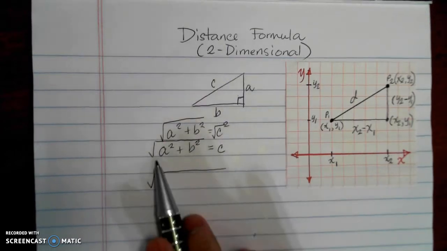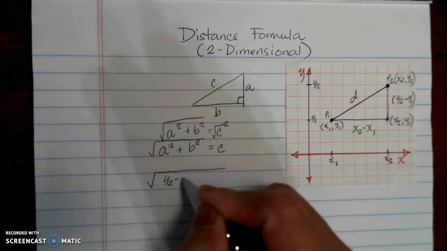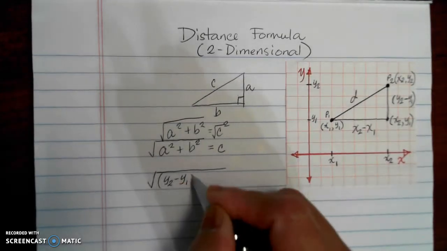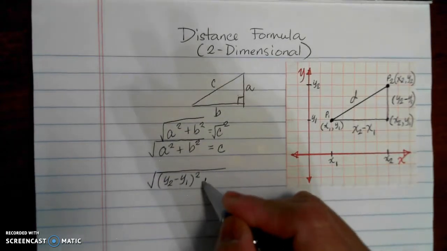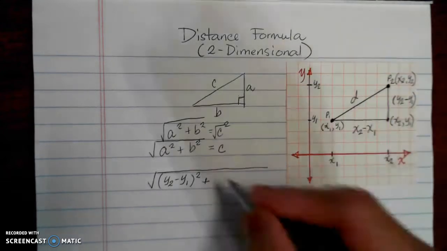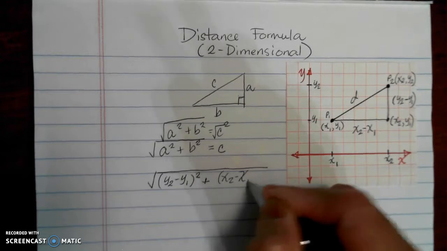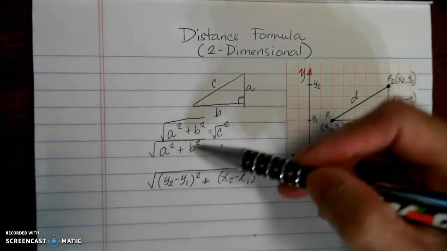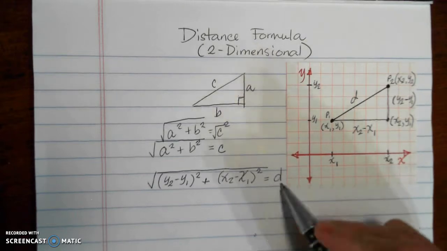My A squared will be this, so that's going to be y2 minus y1 squared. I just copied this out. Copy the plus, and then my B is going to be this, which is x2 minus x1 squared, because it says square there, and that is equal to my D, which is actually equal to my C.